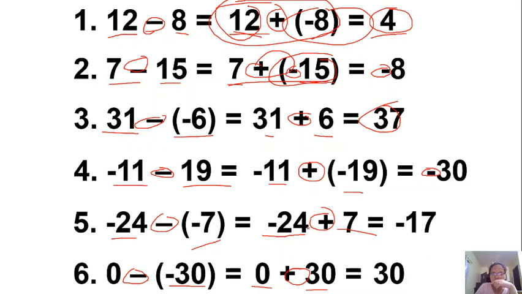Now, negative 24 plus 7, they have different signs. So what you have to do is imagine subtracting 7 from 24, which is 17. And what's the sign of 17? Why is it negative? Because negative 24 has a greater absolute value than 7. And its sign is negative. That's why 17 here is negative. So 0 plus 30, that's 30.